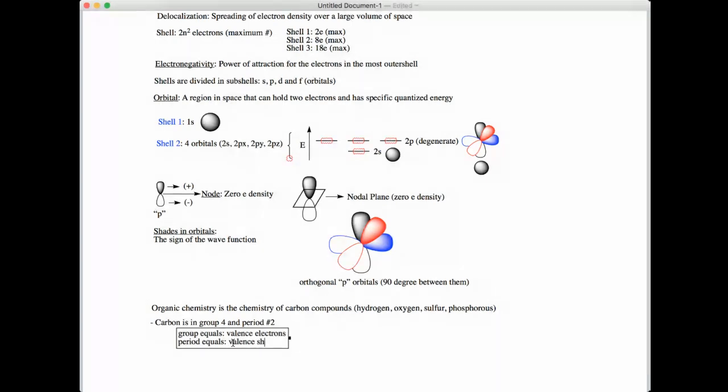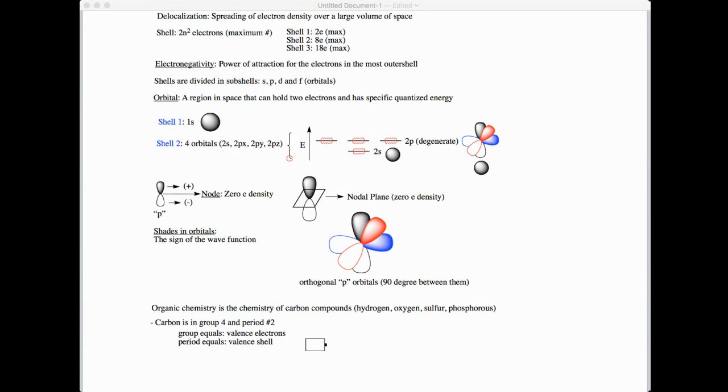And this is very important, guys. So when you're talking about carbon being in group 4, shell number 2, we know that carbon has 4 valence electrons, and the valence electrons are located in shell number 2. Correct? Everybody agrees on that?